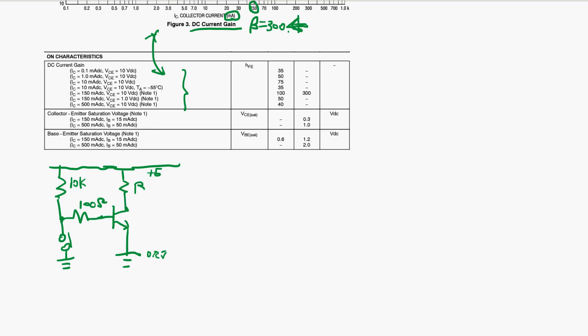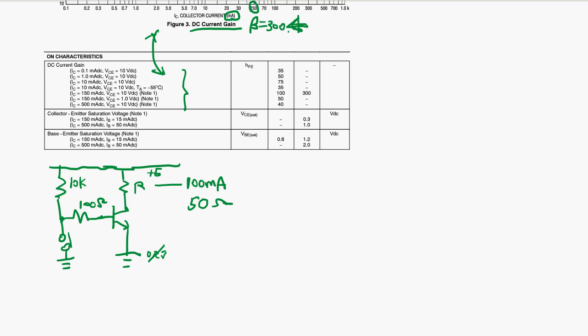So we set, say, ICC 100 milliamps, so we can ignore this pretty much. 5 divided by 100 milli, that means 50 ohm, pretty small. You can set 50 milliamps, that's good enough.